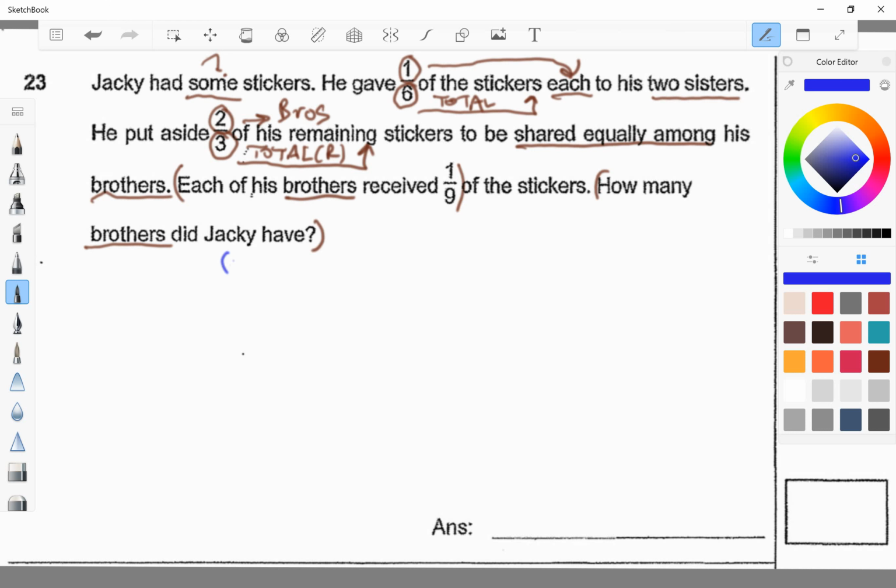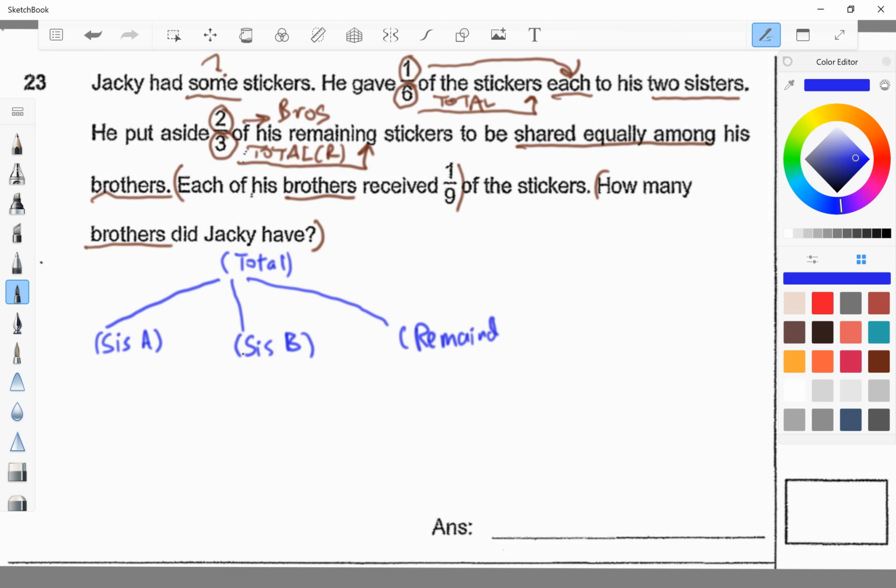So I have total, and it branches down into 3 parts. He has 2 sisters, so sis A, and I'll label the second sister as sis B, and finally remainder.